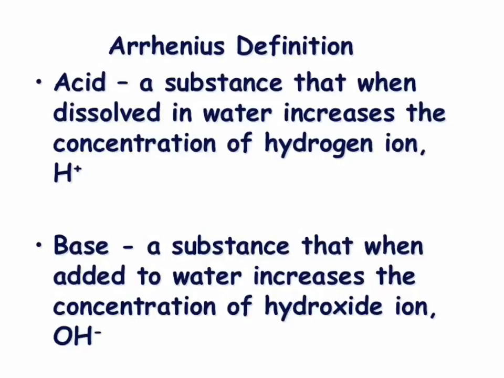So the first one is an Arrhenius acid. They are on homeroom, under Friday's date. An Arrhenius acid is one where we take it and when we add it to water, it increases the hydrogen ion concentration.